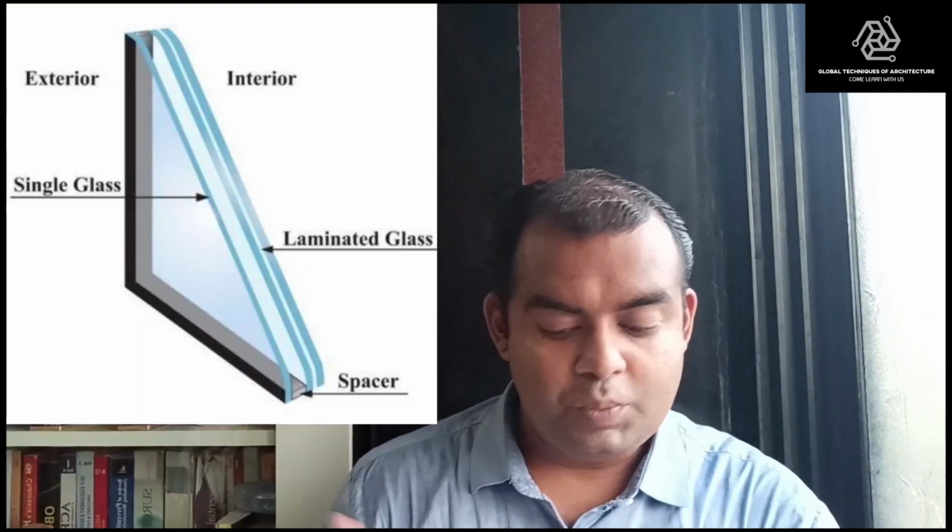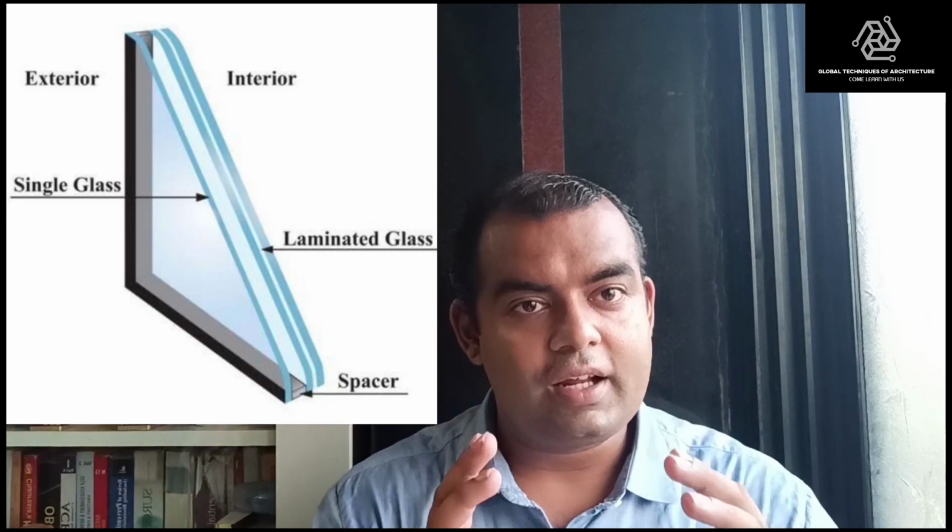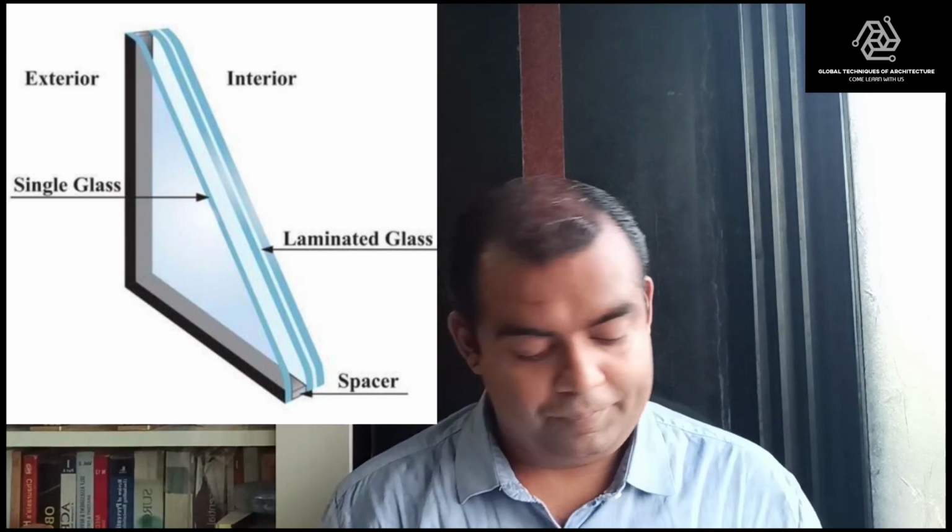So there is a combination of IGU plus laminated, wherein we have, say, 6 mm laminated toughened glass plus 0.76 SGP, and then 6 mm laminated glass. This is one glass, then we have a spacer, and then a second glass. So we have an insulated glass unit with a laminated glass in it. I hope you are getting it, or else you can see this picture, which gives you an exact diagrammatic representation of what I am talking about.